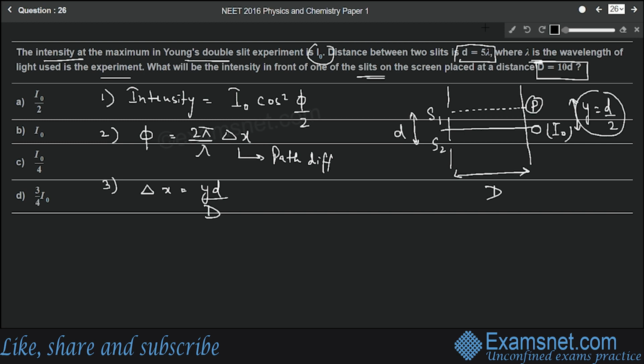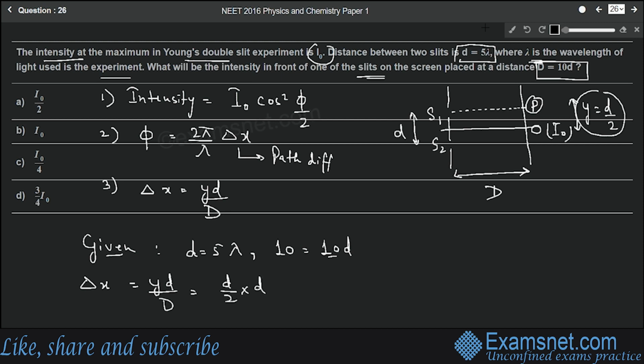Now let's start the question. So what is given in this question? It is given that small d is equal to 5 lambda and capital D is equal to 10 times small d, right? Now we'll start by finding the path difference. So what will be the path difference in this case? It will be equal to y into small d by capital D. So y is equal to d by 2, into small d upon capital D, and capital D is equal to 10 times small d, right?